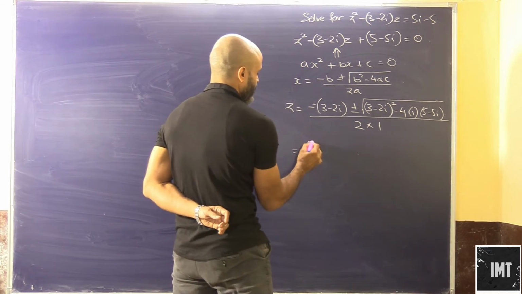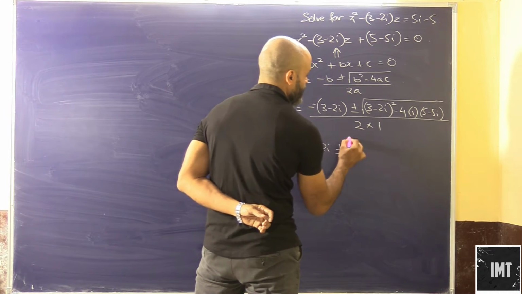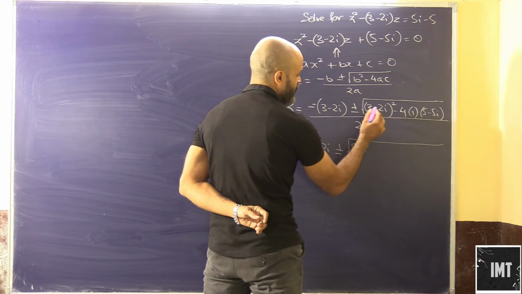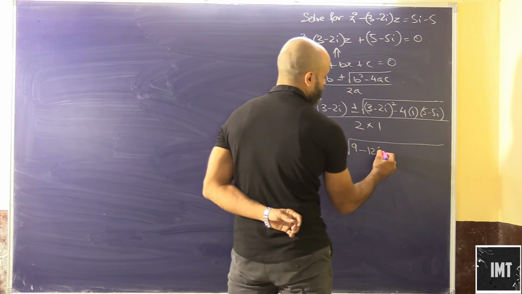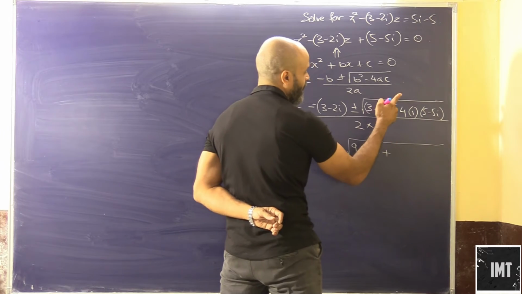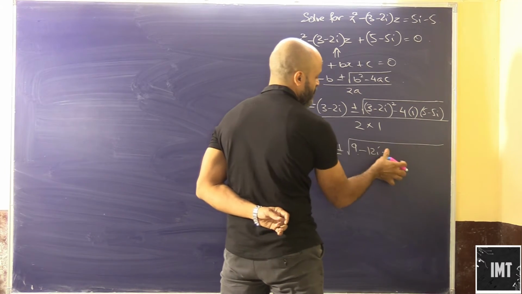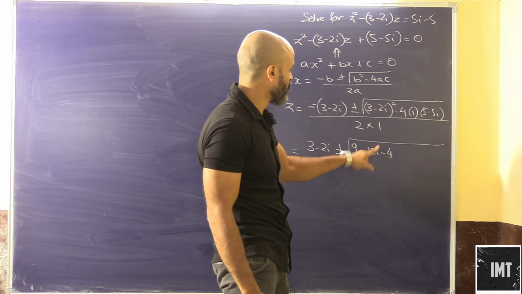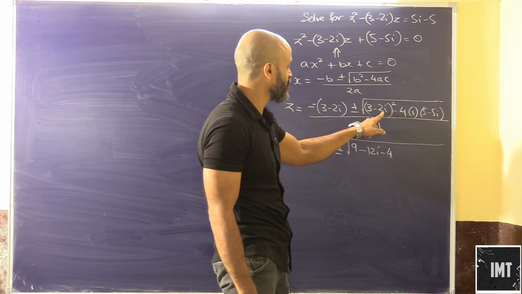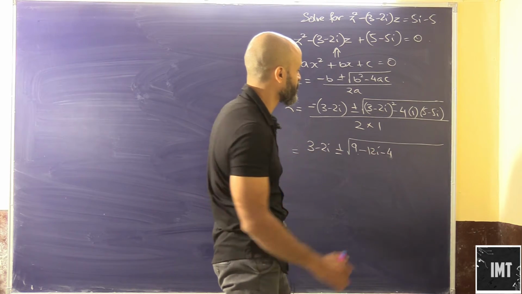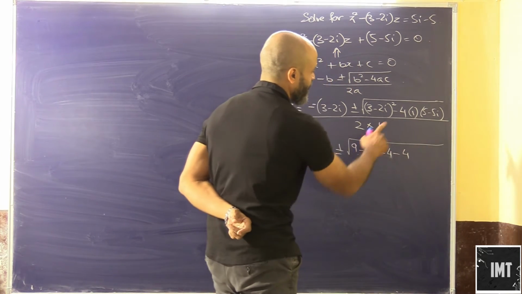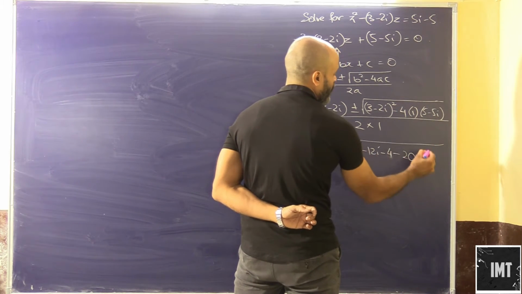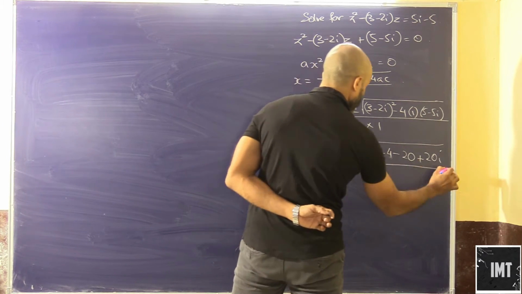So this will be 3 minus 2i plus minus under root of, now let's expand this. 3 square minus 12i plus 4i square, which will be minus 4, minus 4 into 5, that is 20, plus 20i, upon 2.